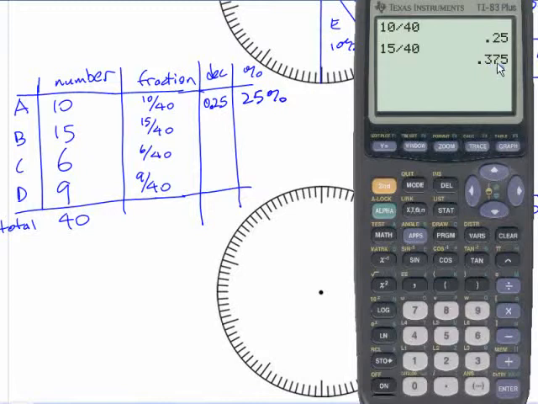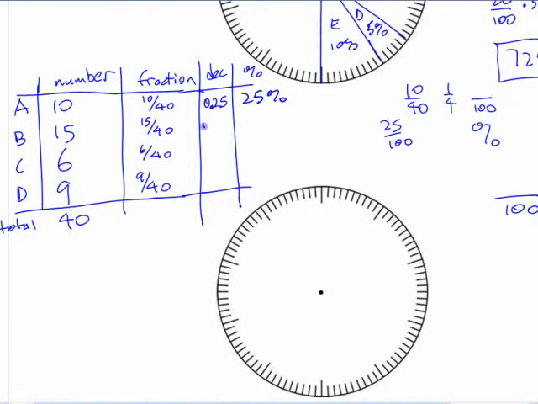It's 37.5 out of 100. This is 0.375, or what you should be looking at are the first couple spots here. This is 37.5%. Or if you were doing it on here, you could do 37.5 little marks. You could round it off to 38 if you want. That's how you find percentages.